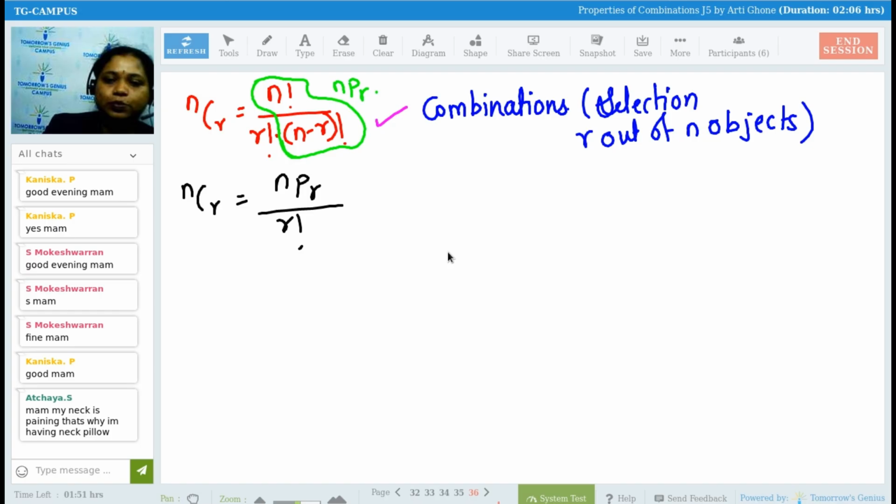Like 51C2, 59C5, whatever you want. Anyone? The one who messages first, I'll take their numbers. Don't take it in thousands, otherwise it will be difficult for you to understand.